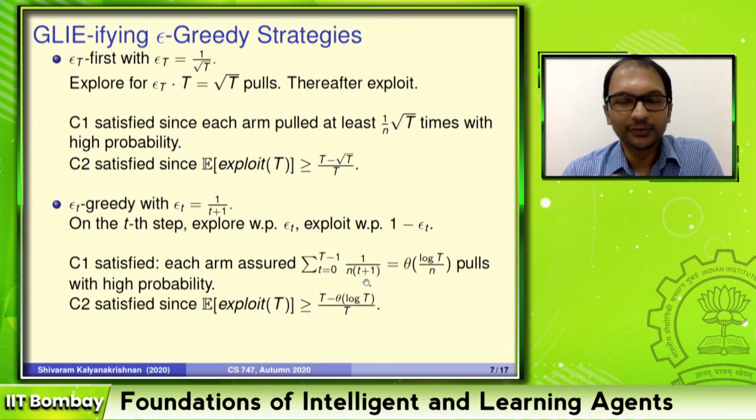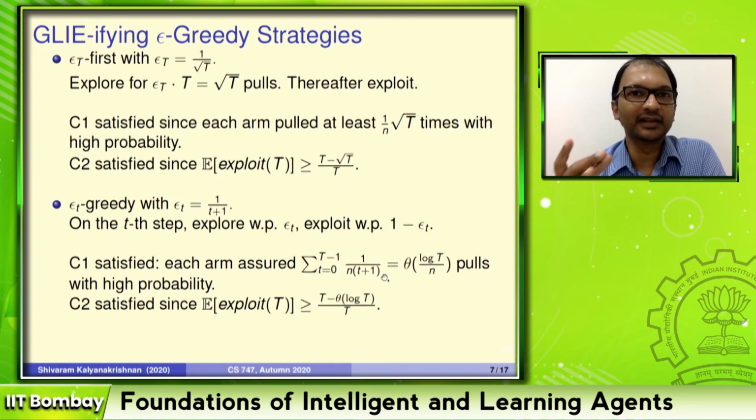And therefore, if you look at the expected number of pulls of each arm, that number must be at least the sum of this 1 over n times t plus 1, as t is varied from 0 through capital T minus 1, the total number of pulls. And crucially, this function 1 over t plus 1 is such that if you sum it up like this, you're going to get log t.